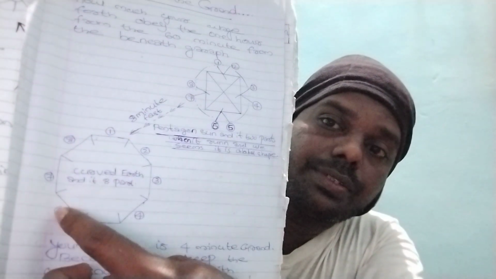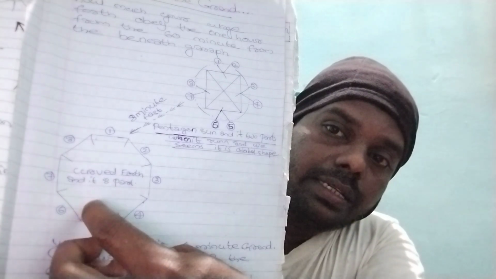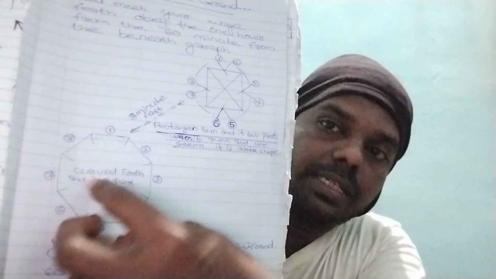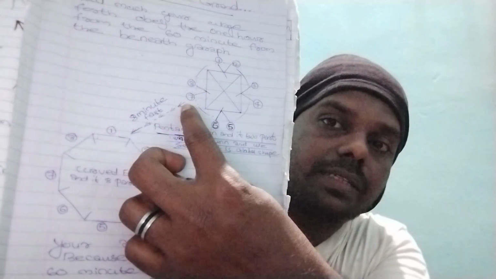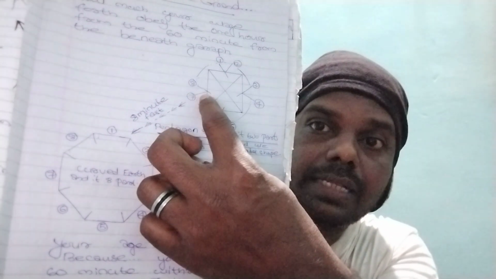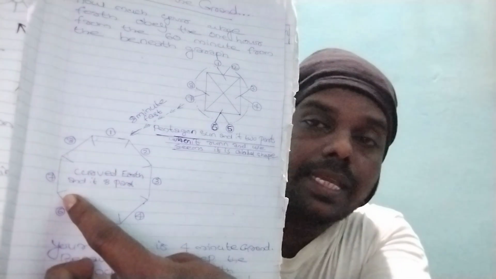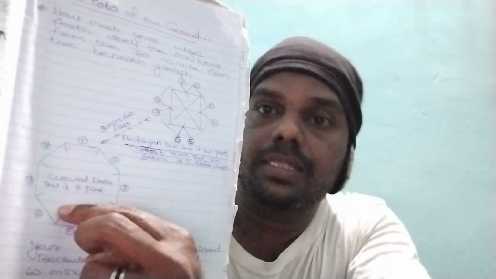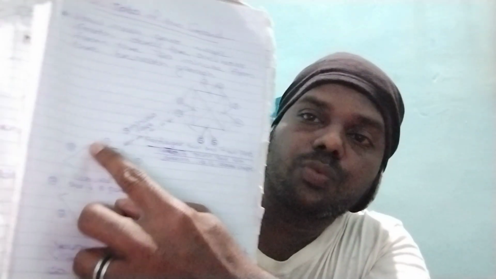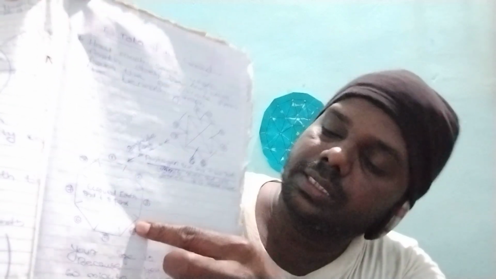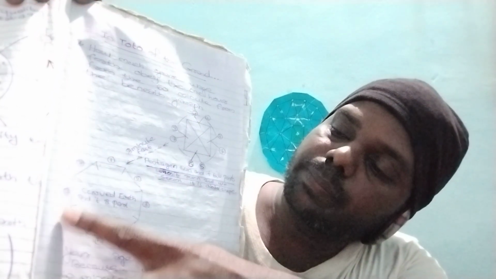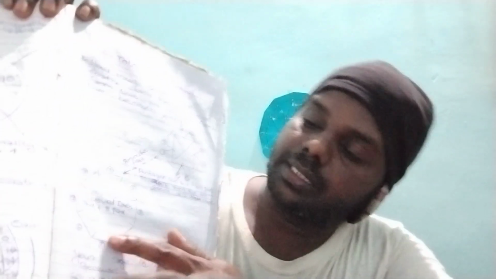The sun has 8 similar parts, similar to the 8 parts of the earth. So that is one part, 2 part, 3 part, 4 part, 5th part, 6th part, 7th part, 8th part.